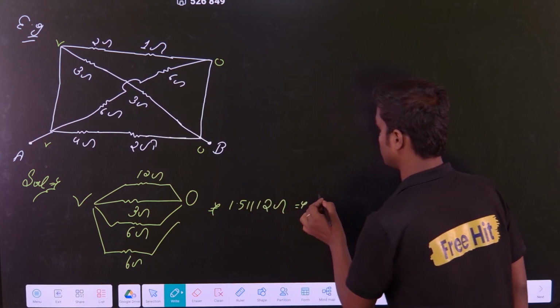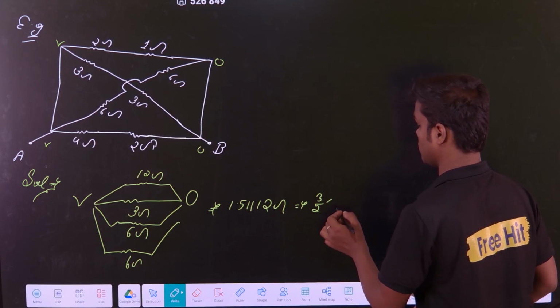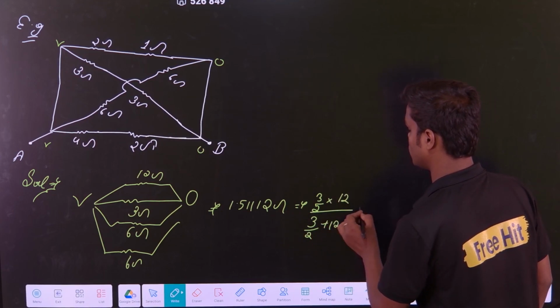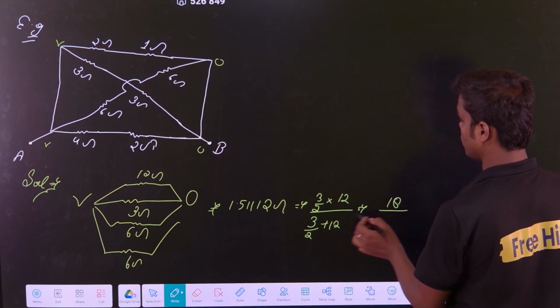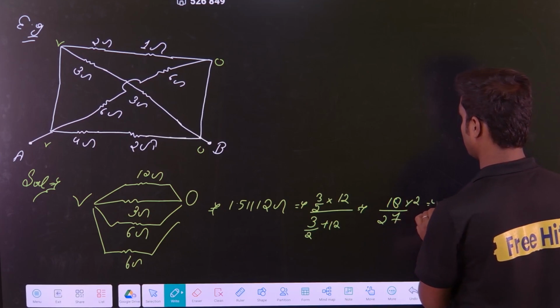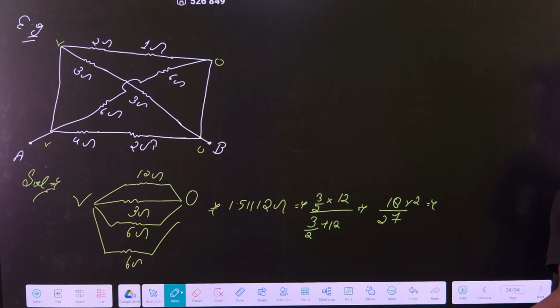What is the value? R1 into R2 upon R1 plus R2. So what is the value you will get? 18 divided by 13.5, which gives 12 by 9, that is 1.33 ohm.